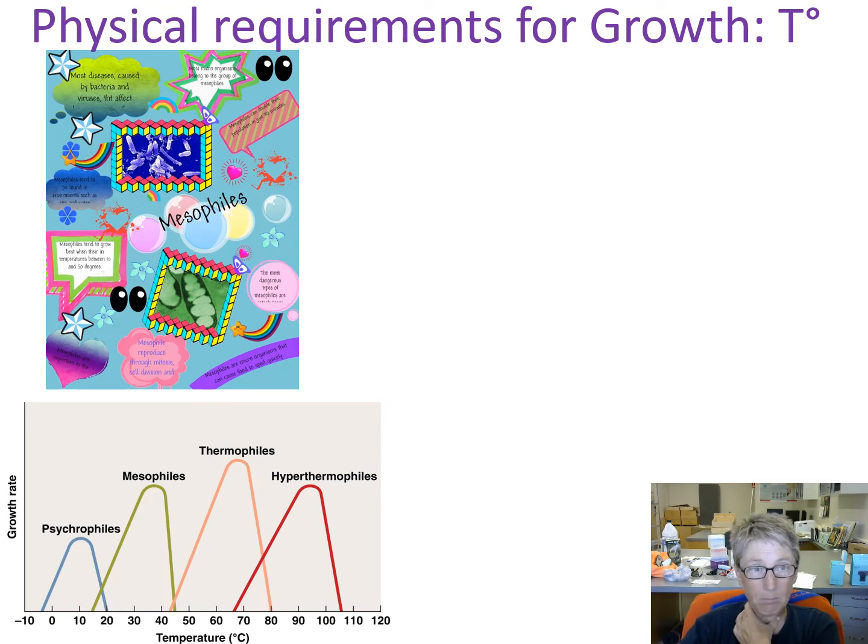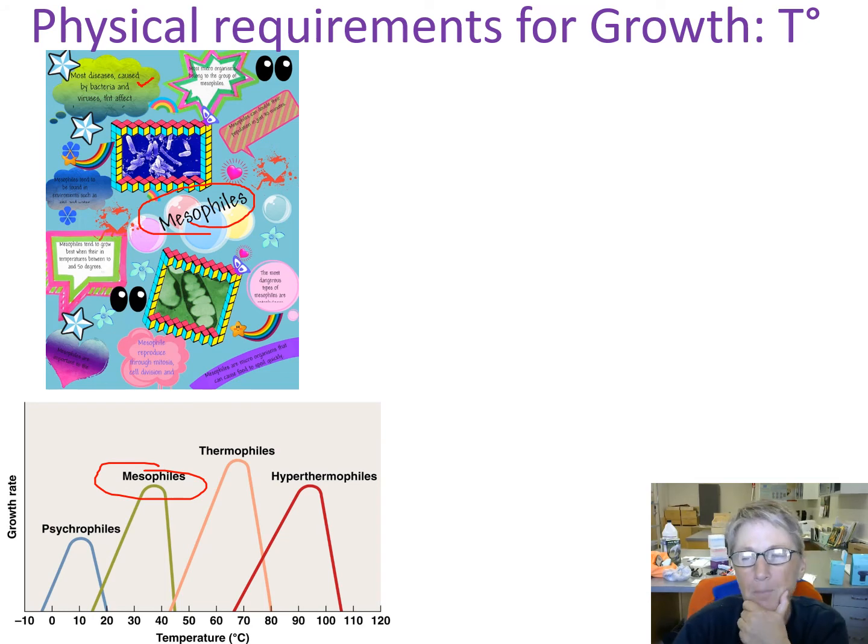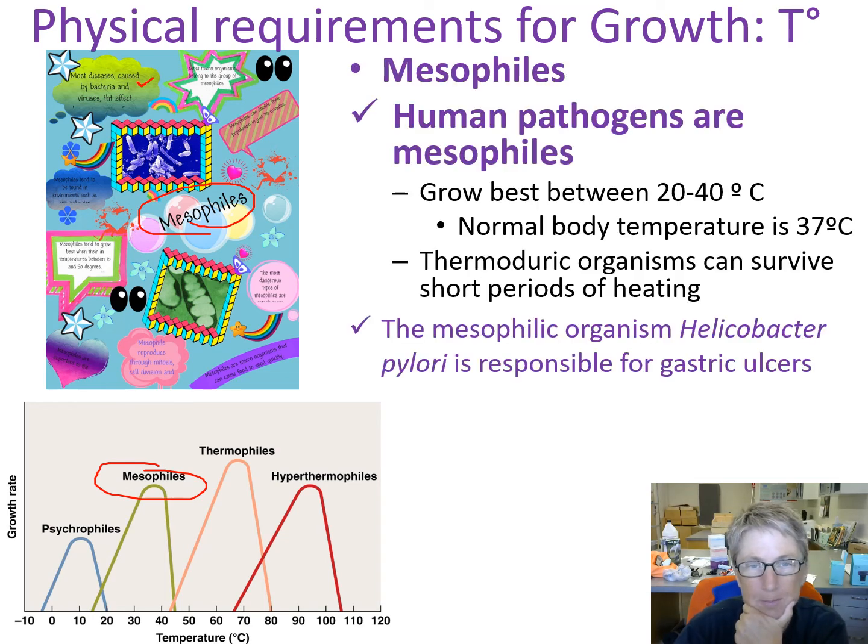Here are the ones that can cause disease, the mesophiles. And I thought this was really cute. It's like a little card about mesophiles. It says up here, most diseases are caused by bacteria and viruses. Well, bacteria are mesophiles.